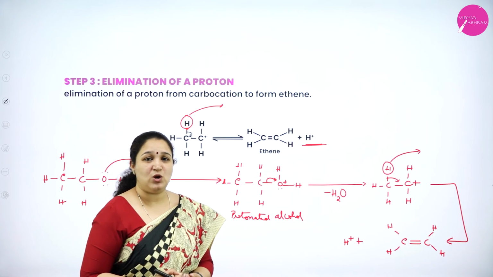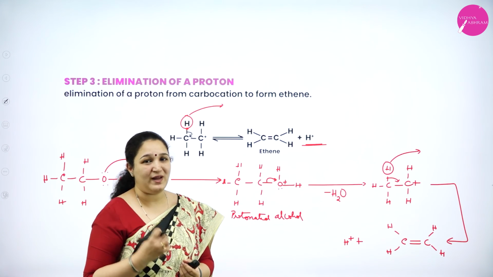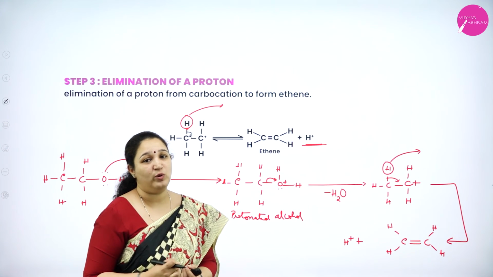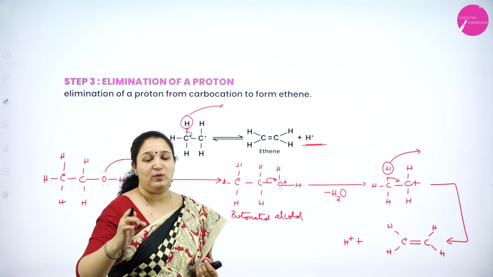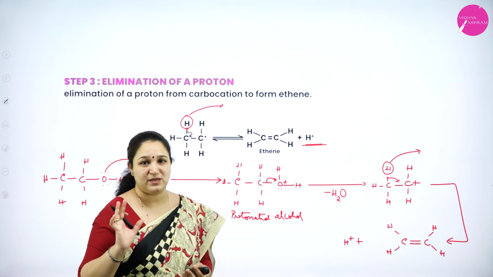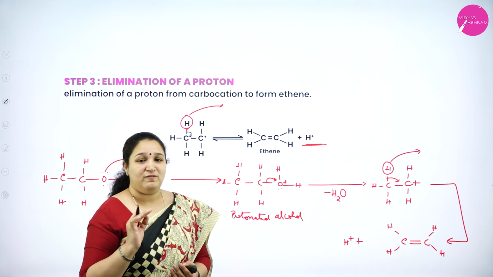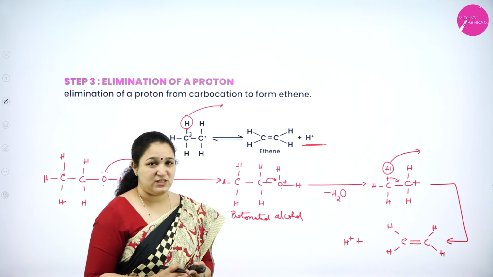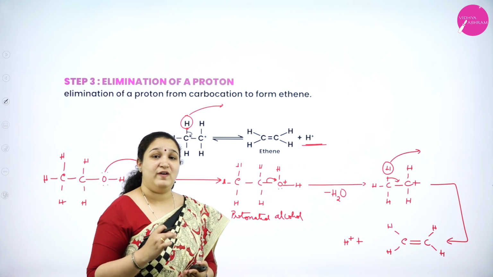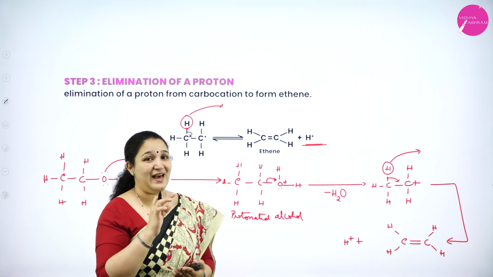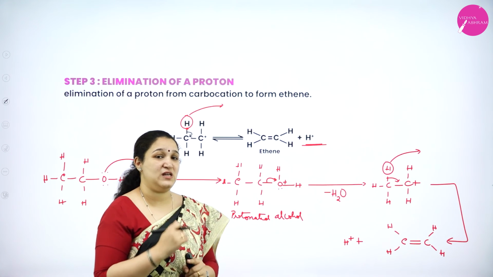Even if you miss out one positive charge or one negative charge wherever it had to be, then they are going to cut 1 mark for that one particular step. Please take care where exactly you have to put the positive charge for oxygen, where you have to put the positive charge for carbon atom, how you have to show the arrow marks. You should not put the arrow marks the other way around.